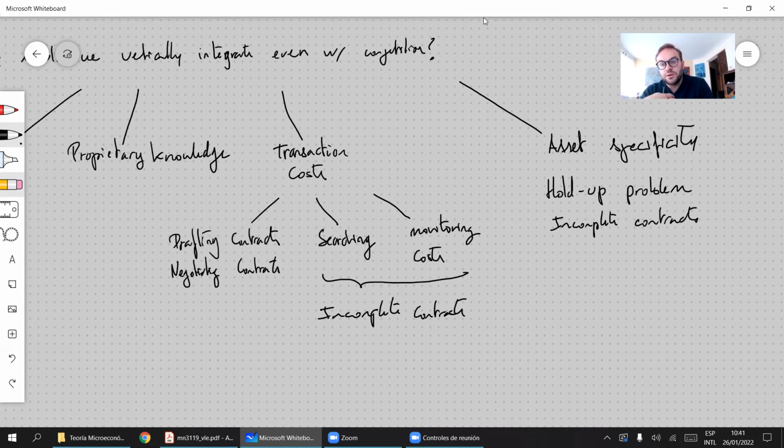Even if the machine is perfectly good, I can always engage in what we call opportunistic behavior, in which I lie by telling the other guy, I really don't care about this machine. I know that you don't have any outside option to sell this machine, so I'm going to renegotiate the price downwards, obviously. And because the manufacturer of the machine has no other alternative, he has to take this lower price, which can be even lower than the production cost.